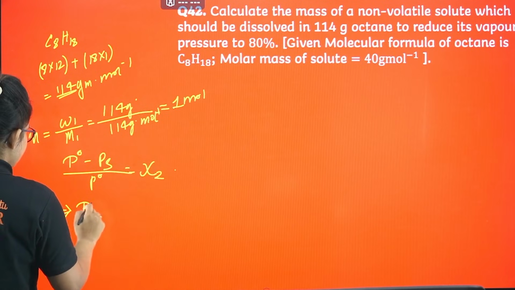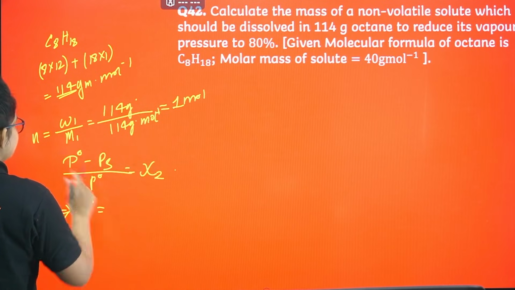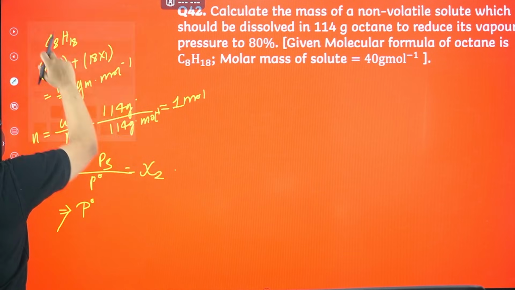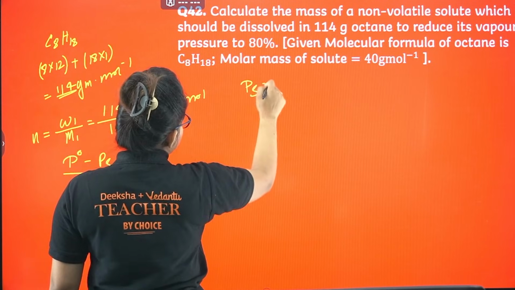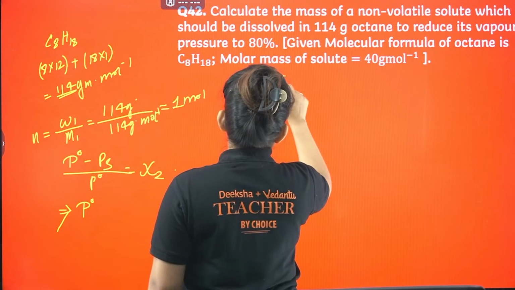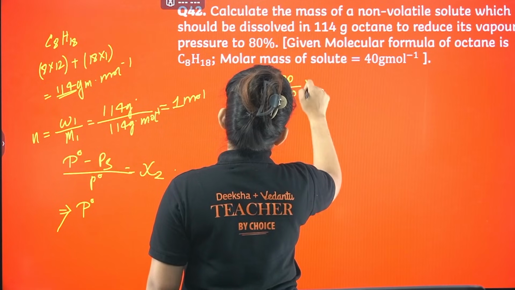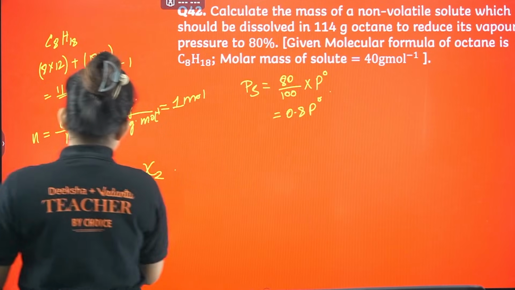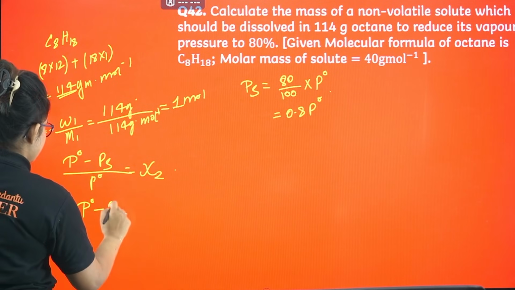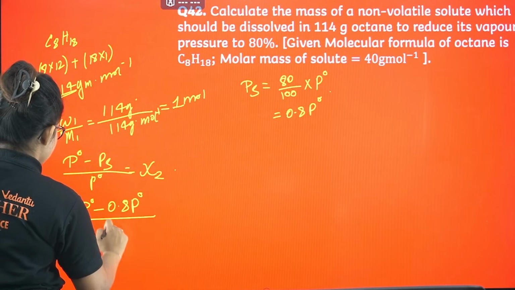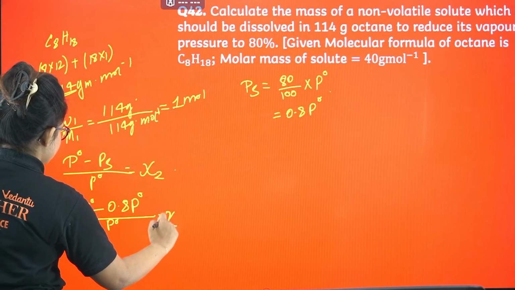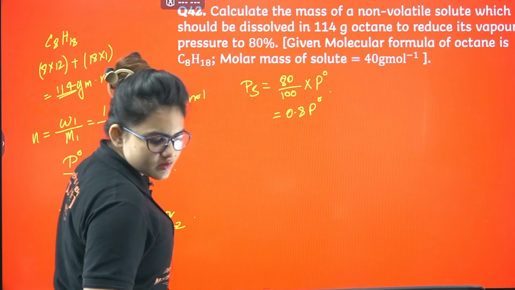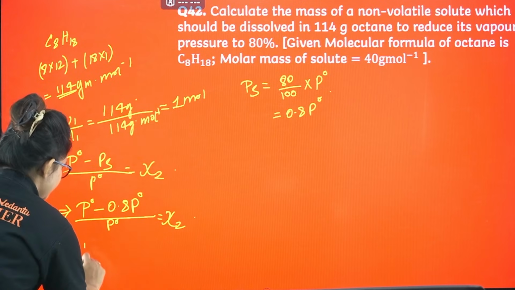So PS we can write as 80% of P naught, that is 0.8 of P naught, divided by P naught equals X2. Now let me simplify for you.